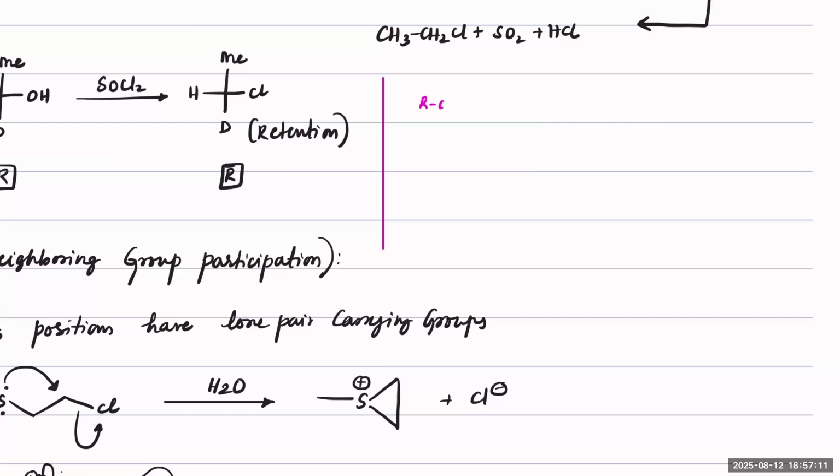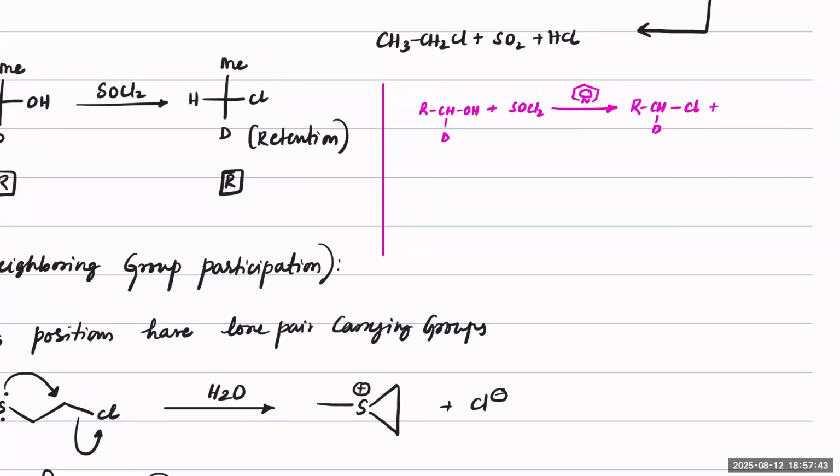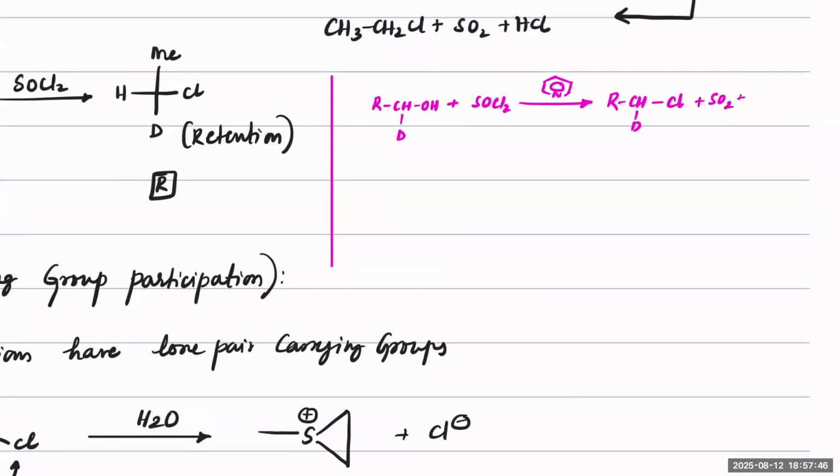If I have any alcohol RCH2OH and I treat that with SOCl2, but this time in the presence of pyridine, then I will get this, where instead of this H I will write deuterium, D. So I will get this as RCHDCl, plus SO2, plus pyridinium chloride, like this, with H and positive charge with Cl minus.